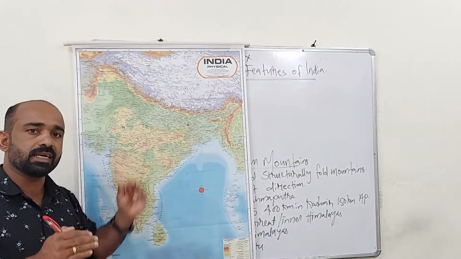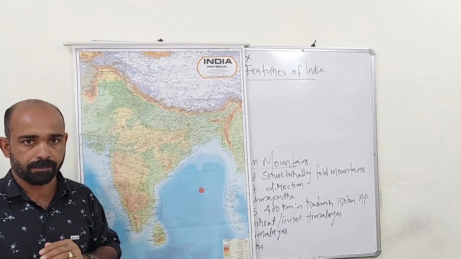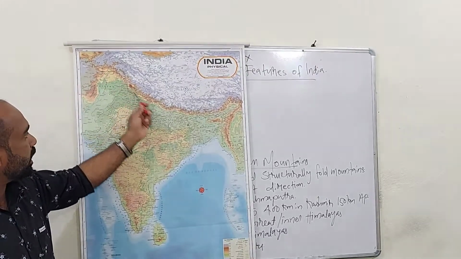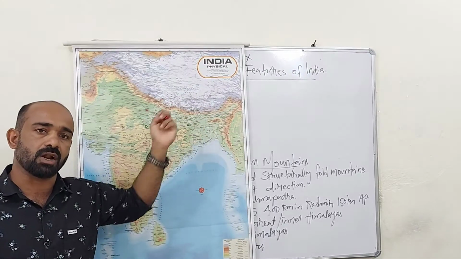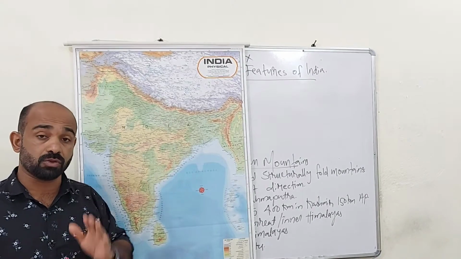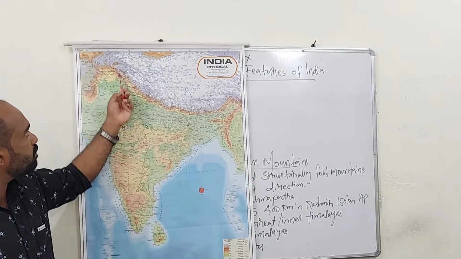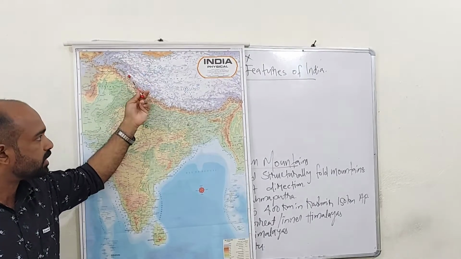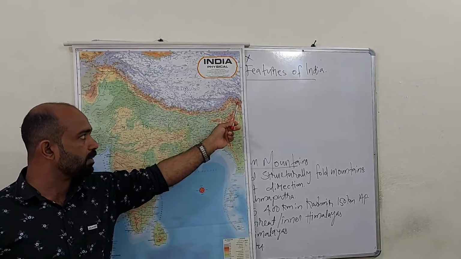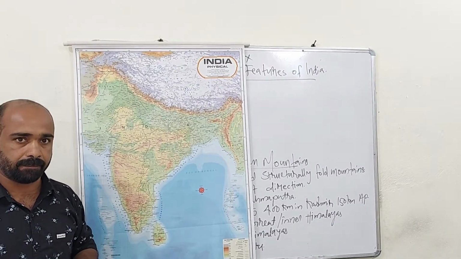The total length of the Himalayan mountains is around 2400 km. In the Jammu and Kashmir region the width is around 400 km, but in the Arunachal Pradesh region it is just 150 km.